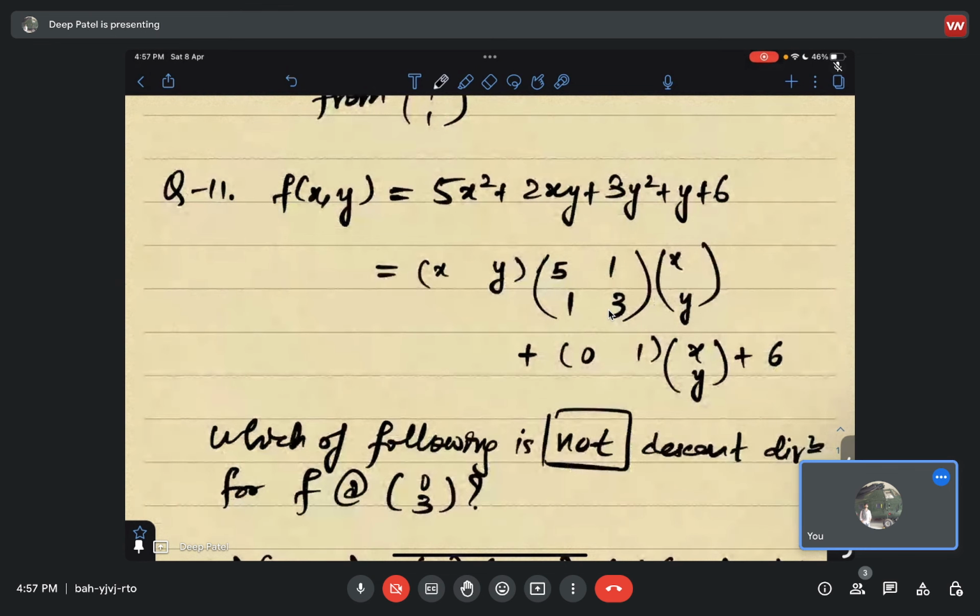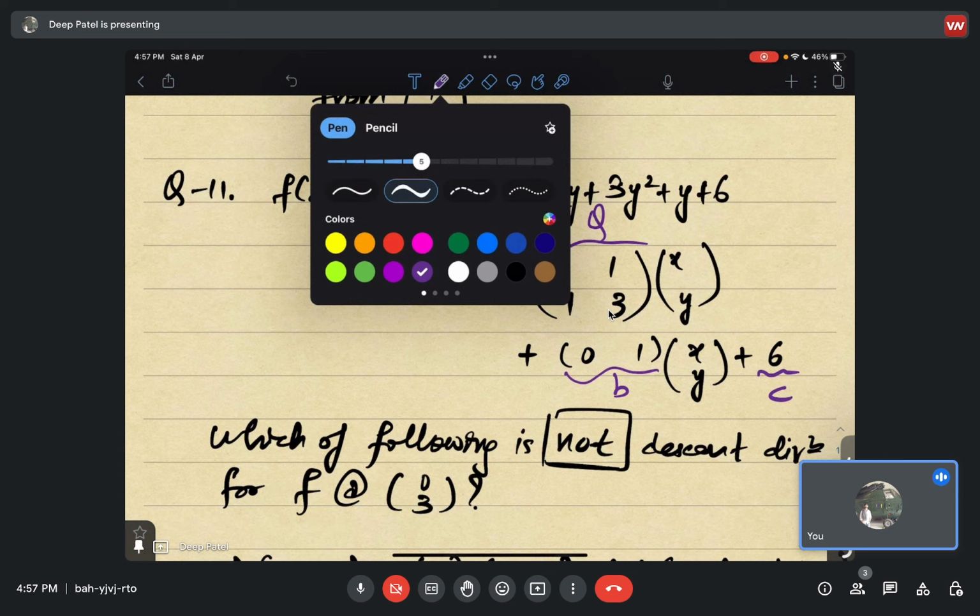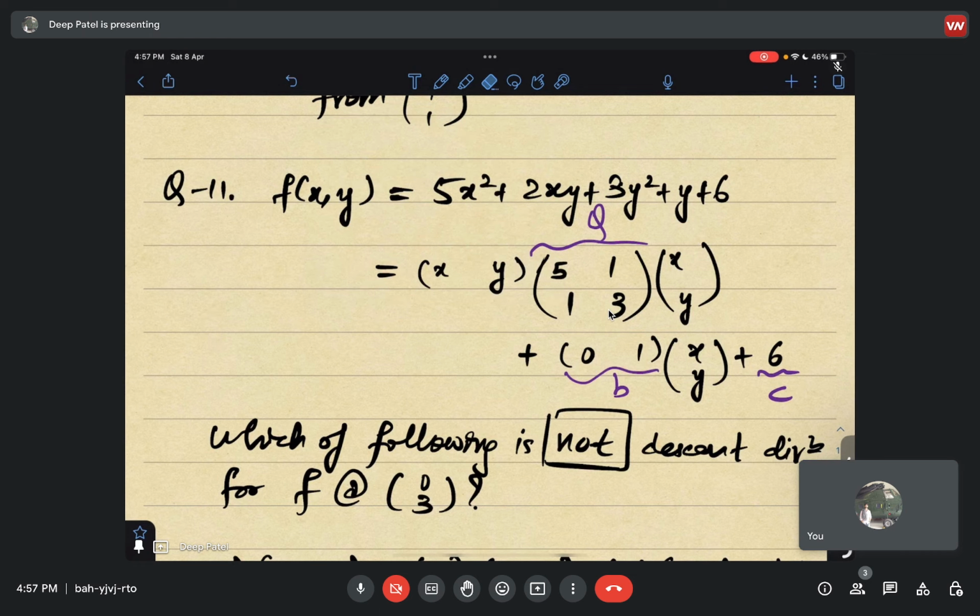Okay, so this is q, this is b, this is c. So what do I get if I take the derivative? It is x transpose q x plus b transpose x. I'm writing x, but I hope you see that it's a vector. So what will this give? 2qx plus b. Is it fine? Yeah, it's okay.